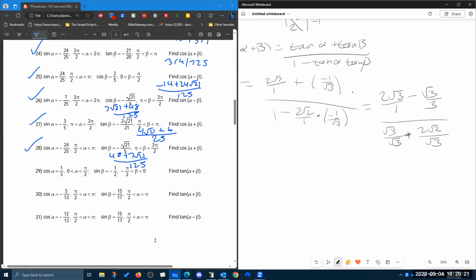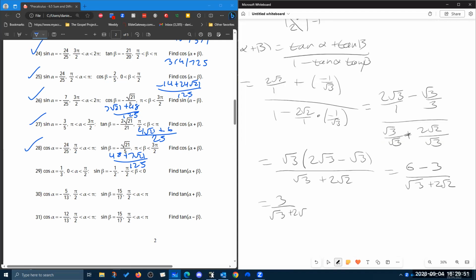So this is going to be equal to root 3 times 2 root 2 minus 1 over root 3 plus 2 root 2, which is 2 times 3 is 6 minus 3 over root 3 plus 2 root 2. And that's going to be 3 over root 3 plus 2 root 2.